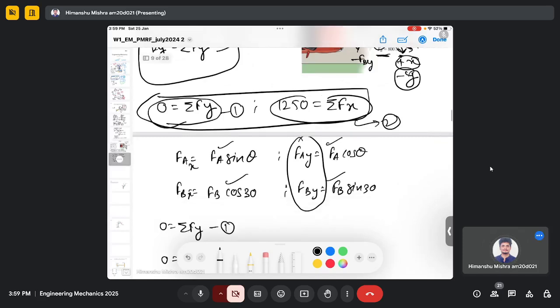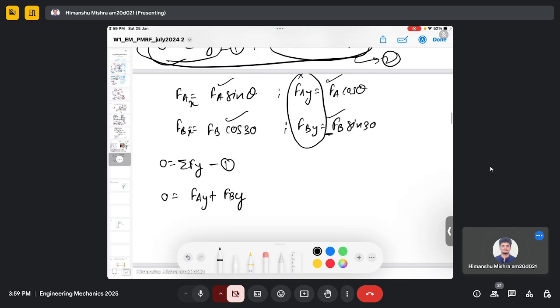So this force is actually negative, minus Fb sine 30. So it will be Fa cos theta minus Fb sine 30.